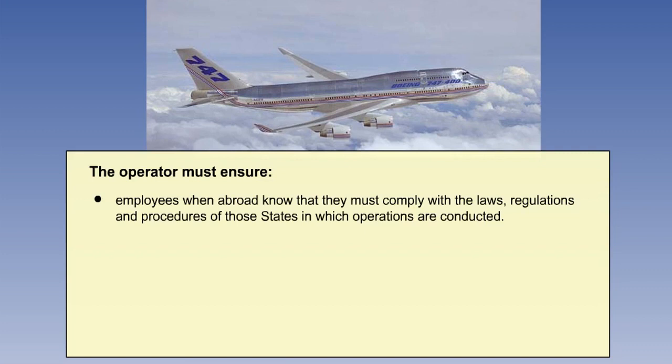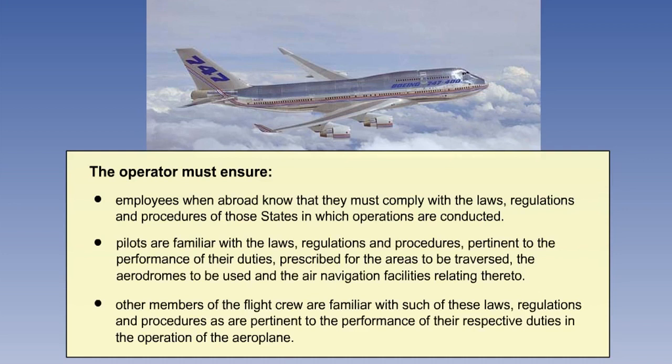He must ensure that all employees, crew, operations, maintenance personnel, etc., know that they must comply with the requirements of the state in which they are operating and also any other state that affects the operation. Compliance with the requirements is especially true for the pilots, particularly in terms of the route, airports and navigation aids, but also true for any other member of the flight crew.